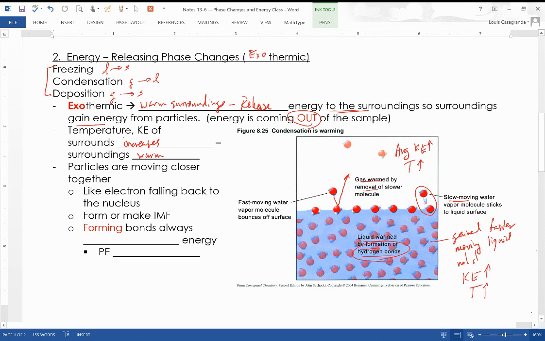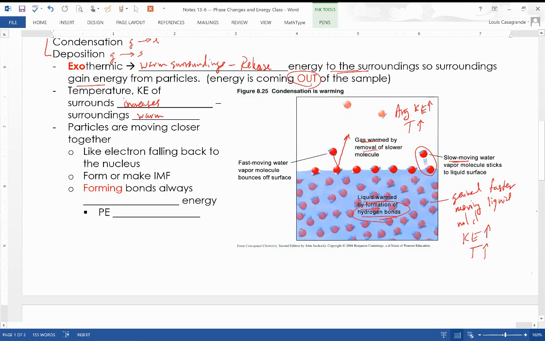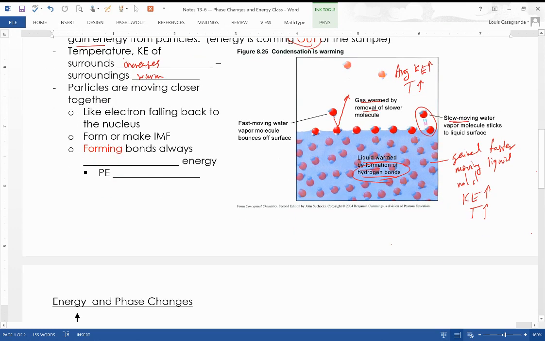So as the kinetic energy is going up, it's happening because we're absorbing that energy from the formation of the bonds. Forming bonds is always going to release energy. Now, this is a little harder to see when we're talking about things like magnets coming together, because we don't really feel a little heat release, but that's not the kind of energy that you can see.